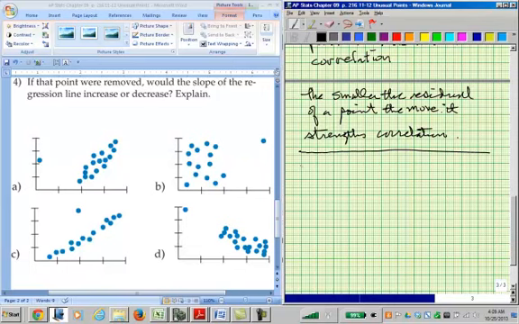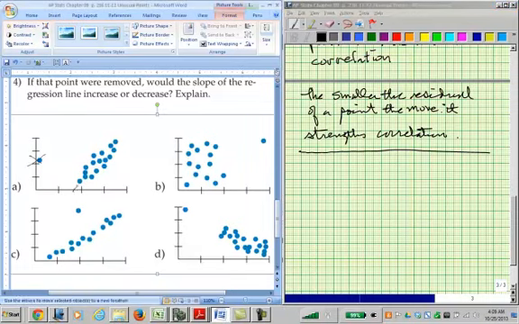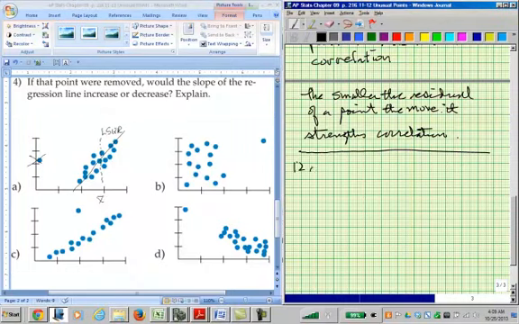So, if we take this point out, here is the LSQR, okay? And here, approximately, is x bar, the mean of the x coordinates. So this is 12A. It has high leverage.